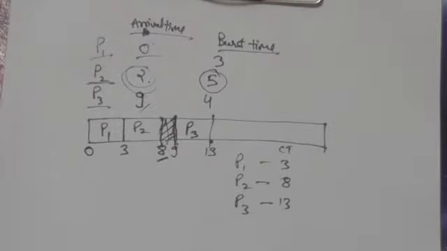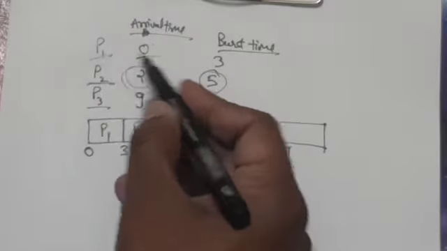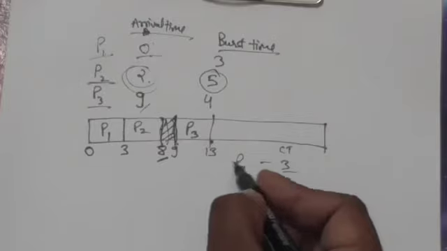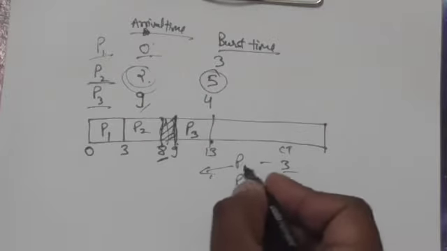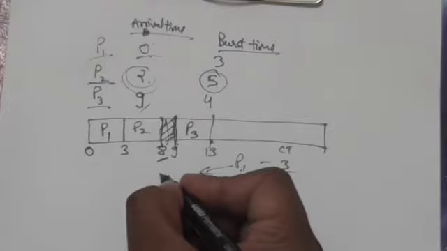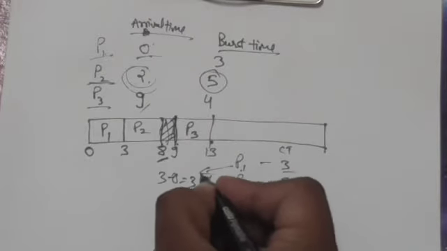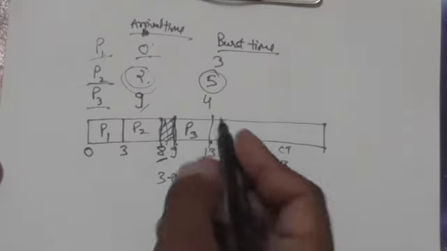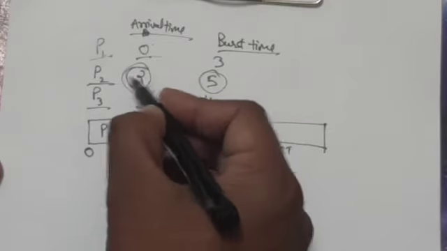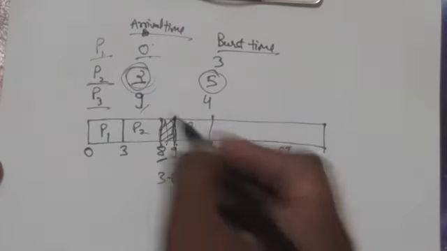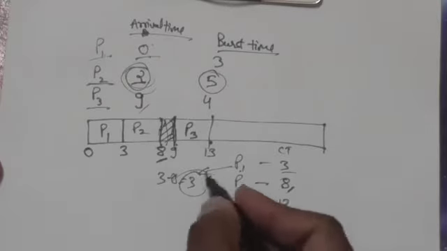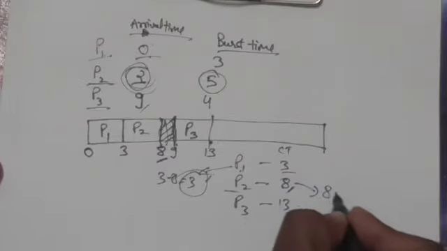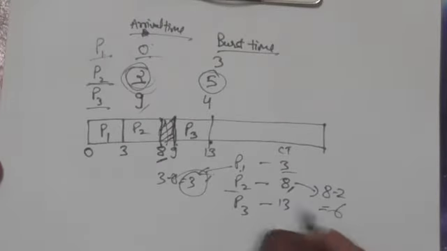Process P1 has arrived at time 0, so the turnaround time of process P1 is 3 minus 0, that is 3. And what is the turnaround time of process P2? Process P2 arrived at time 2 and finished at time 8, so its turnaround time will be 8 minus 2, that is 6.